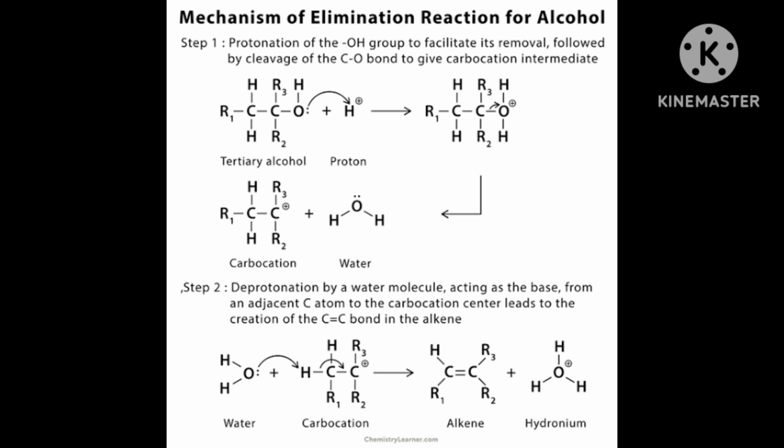Continuous 2 carbons are called alpha and beta. Now from one carbon H is going, and from the other carbon X, means halide, is leaving. That HX will go.